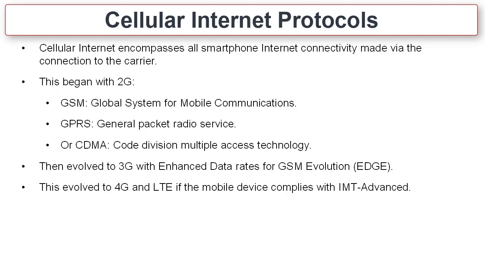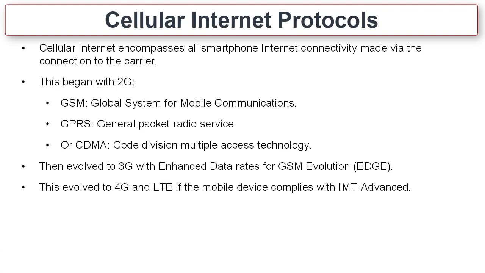And then in many areas, you can now get 4G and LTE, as long as the mobile device complies with the International Mobile Telecommunications Advanced requirements, the IMT Advanced requirements. And that means it has to have a 4G antenna, and it has to be in range of a 4G transmitter. Most devices manufactured during the time of the recording of this video are 4G with LTE.